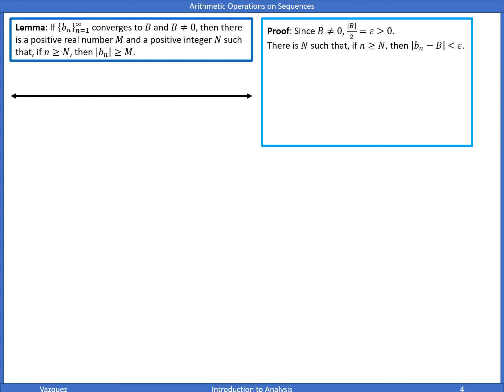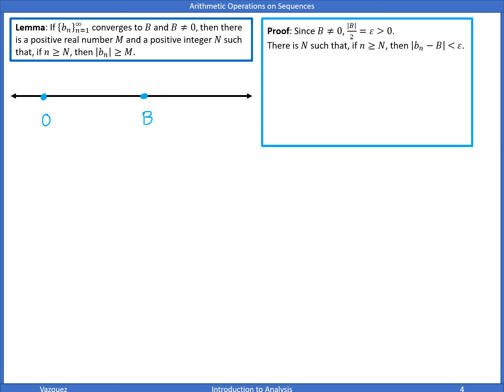So first off, I'm going to put 0 here and b right here. Why? Because b_n converges to b and it's not 0. So I drew them apart.